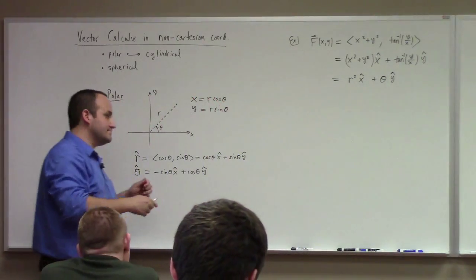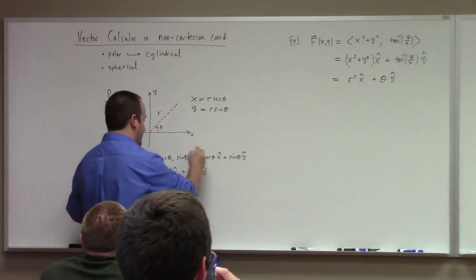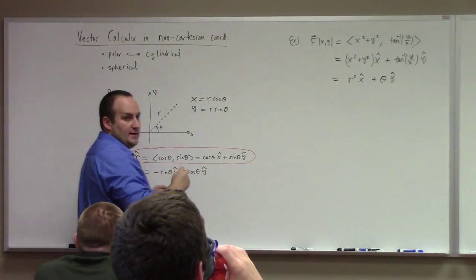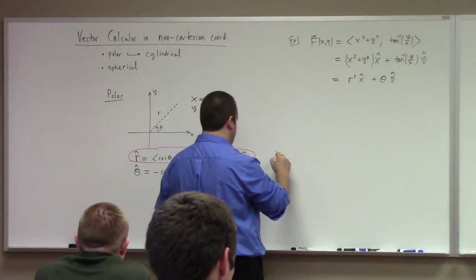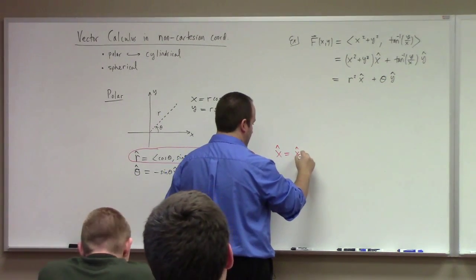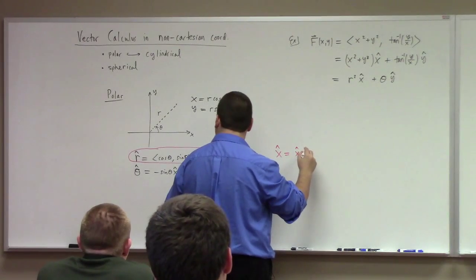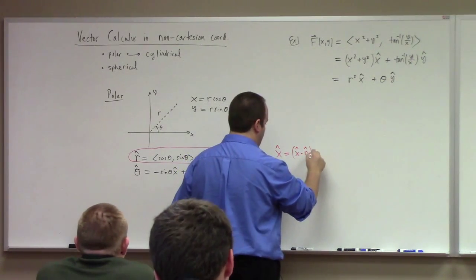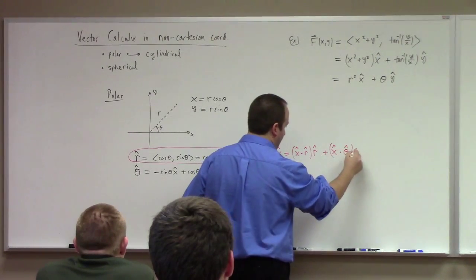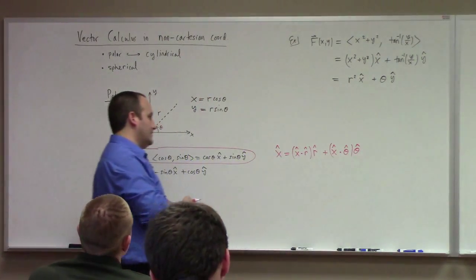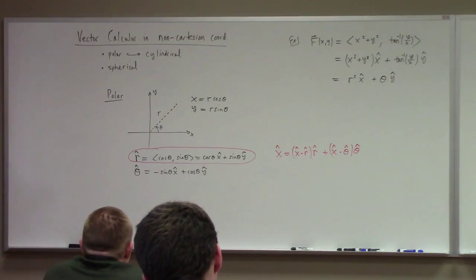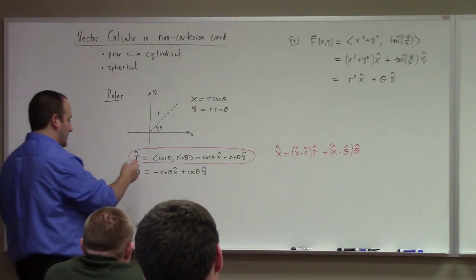Let me show you one. So I can take this right here, and if you look at this, I can write x hat. x hat is going to be x hat dot r hat, r hat plus x hat dot theta hat. So can you figure out what x hat dot r hat is and x hat dot theta hat is from these expressions I'm circling?